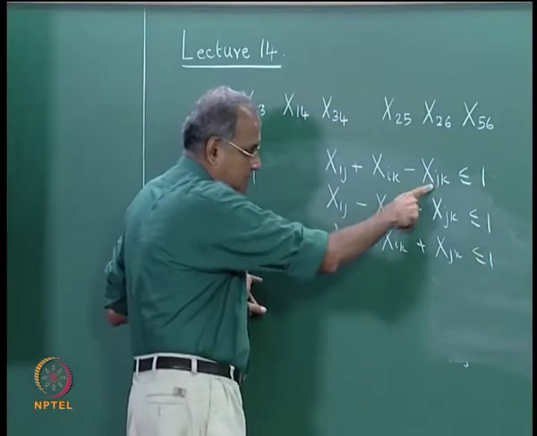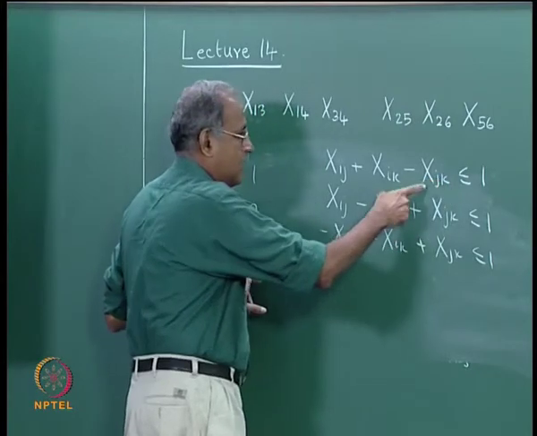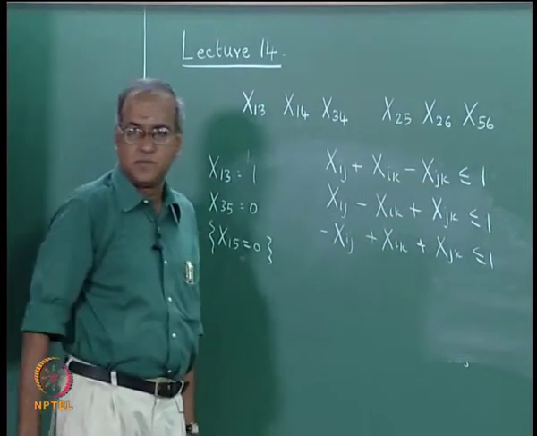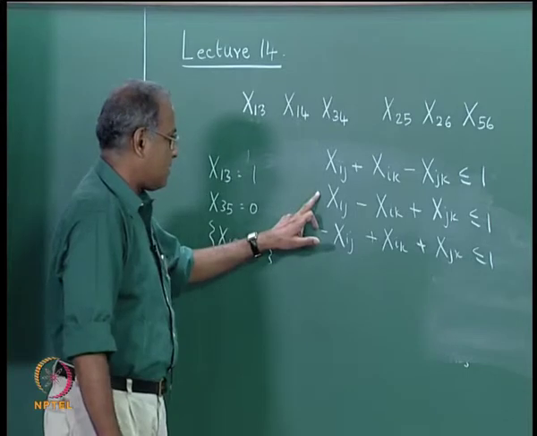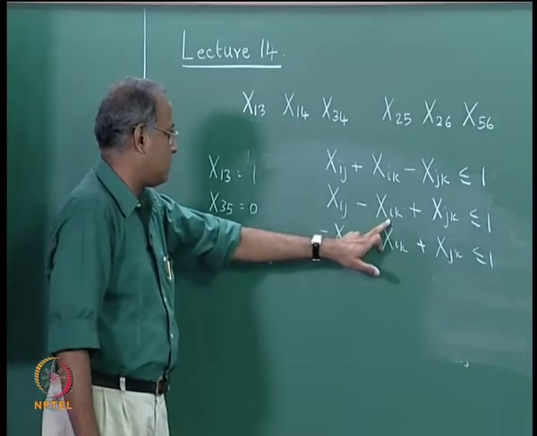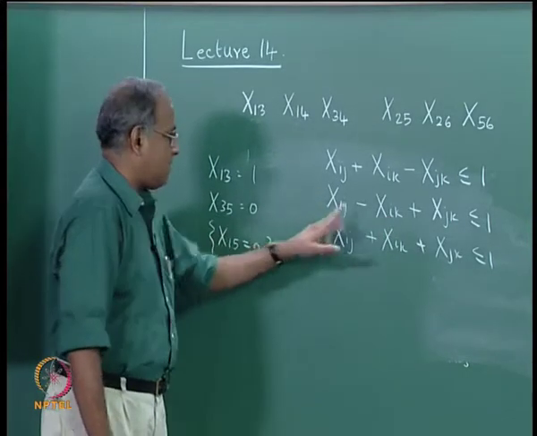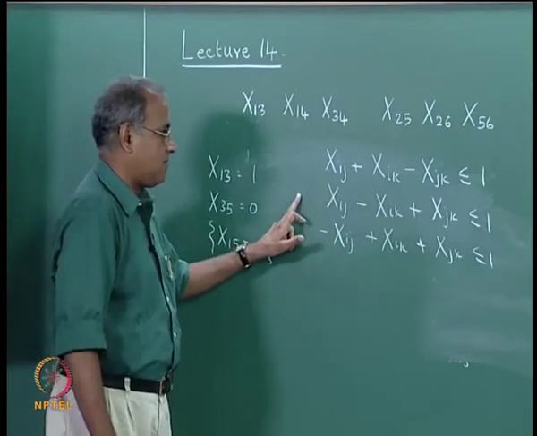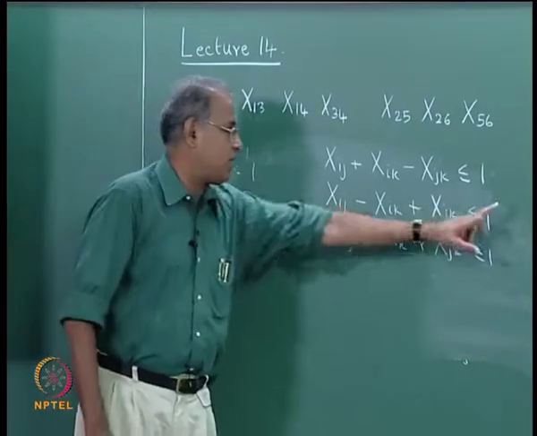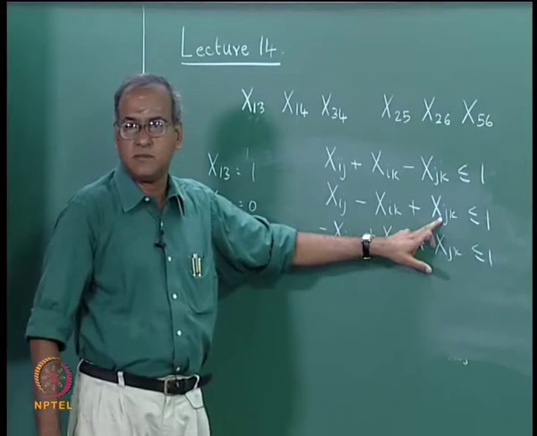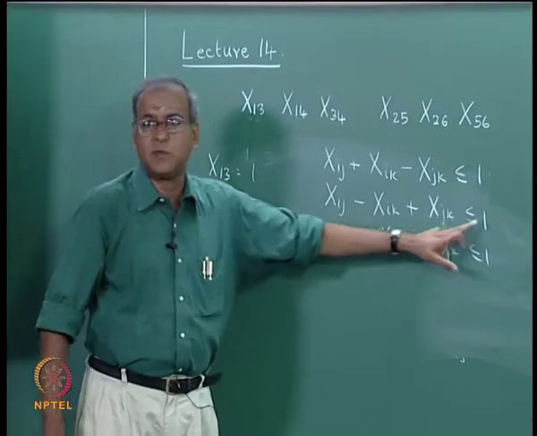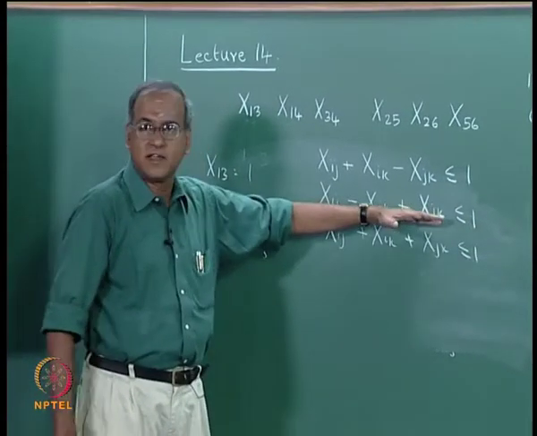Now, from this constraint, whether this is 0 or 1, this is satisfied. So, 1 minus 0, 1 minus 0, which is 1. So, this will force xjk to 0, otherwise this will become 2. So, this constraint will take care of that.